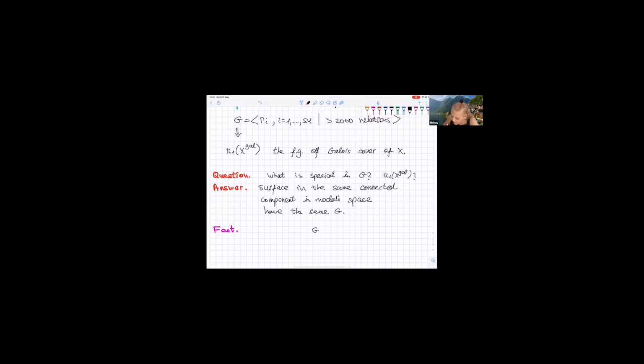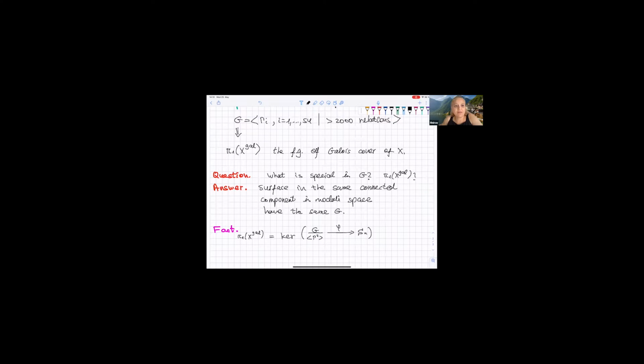the quotient of G by the normal subgroup generated by the squares of the generators, and we project it onto Sn, the symmetric group, then under some conditions we can define the kernel of this map, let's say phi, as the fundamental group of the Galois cover.